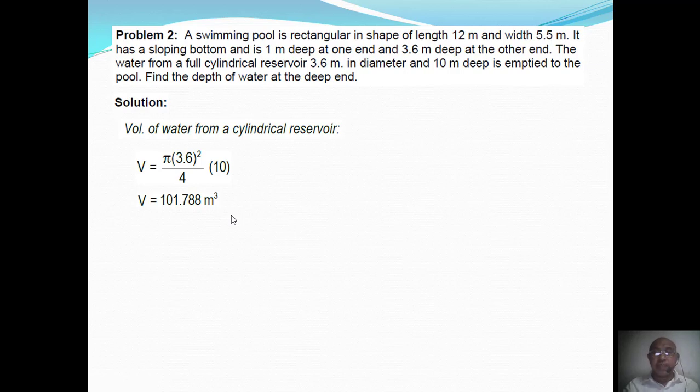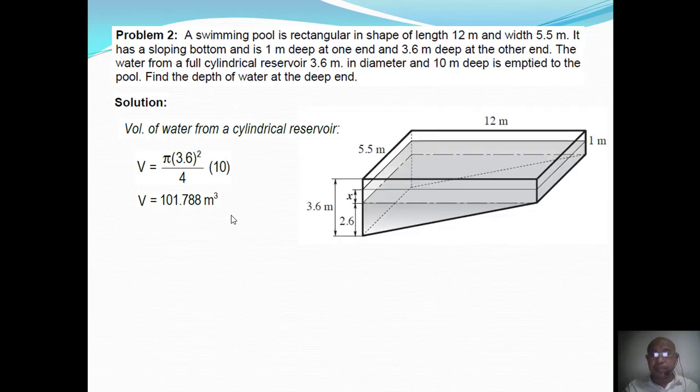Okay, now, if you consider the swimming pool, the shape is like this, no? The length is 12 meters, the width is 5.5. At one end, it is 1 meter deep, and the other end, that is 3.6 meters deep. So meaning there is a difference of 2.6 meters between the two edges.